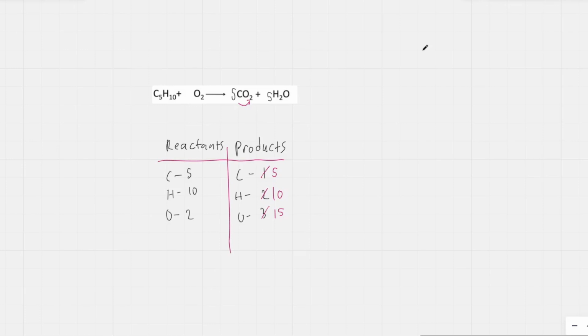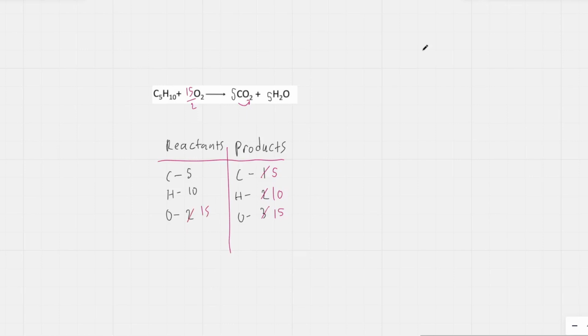So now we can see that there is only 2 oxygens on the left side. So to solve this equation, I can write basically 15/2 for the oxygens, right? Because doing so will give me 15 for my reactant side. This will give me 15.